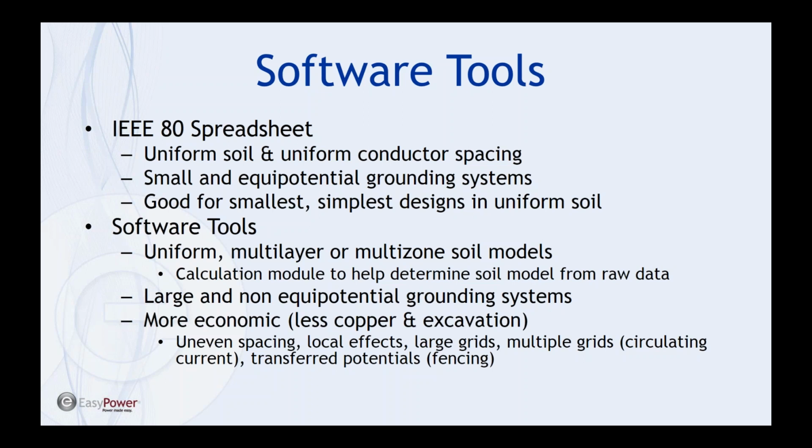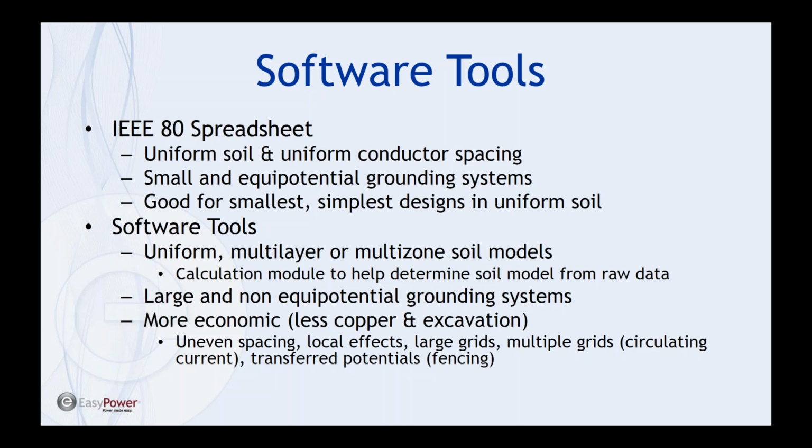Software is much more capable of doing large grids, which includes mutual and self-impedances, so no equipotential assumption. And then finally, you can use the software tools to model the presence of nearby metallic structures and their effect and the grid's effect on them, such as fences and buried pipes.